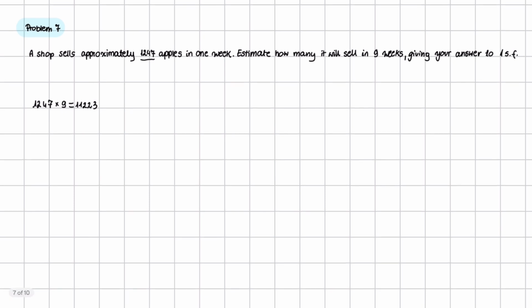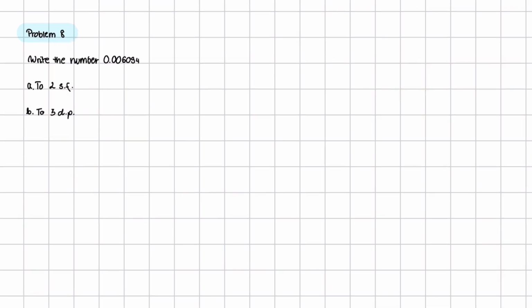So we simply multiply 1,247 by 9, and we have 1, 2, 3, and we have to give our answer to one significant figure, so we round it down, so it will be 10,000, one significant figure.